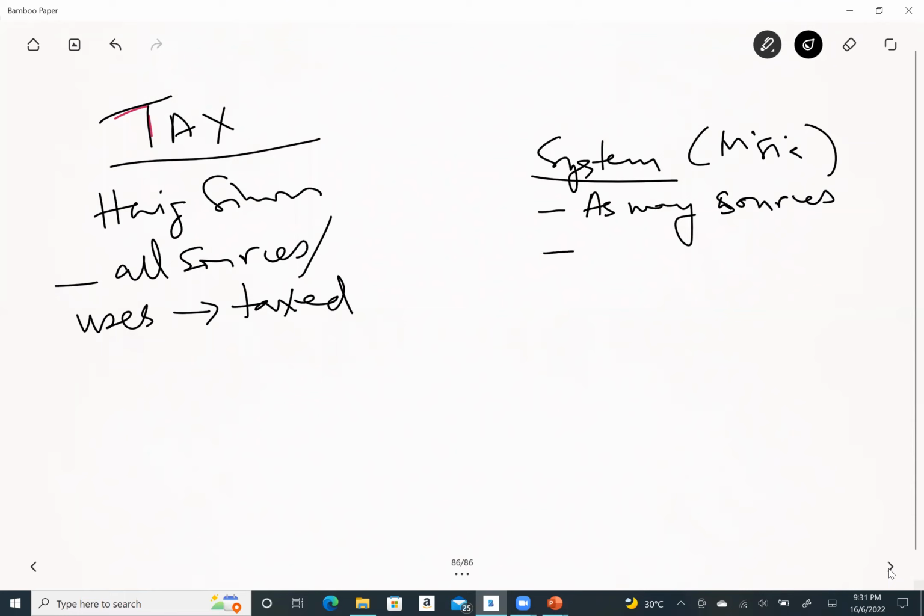At the same time, there are some uses and a few sources that are either not measured or not considered as income, and some uses will also not be taxed.